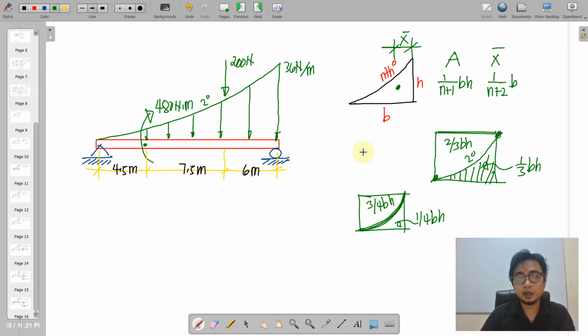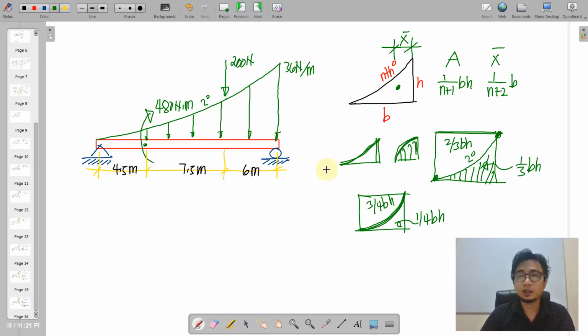So what I'm trying to point out is, the thinner side of the area is 1/3, and the thicker side of the area is 2/3. Okay, so these are the principles that we need to remember.